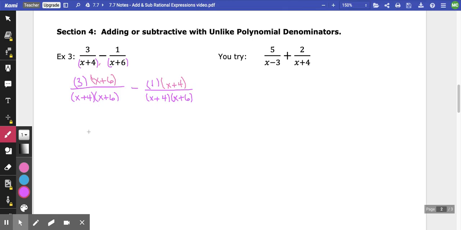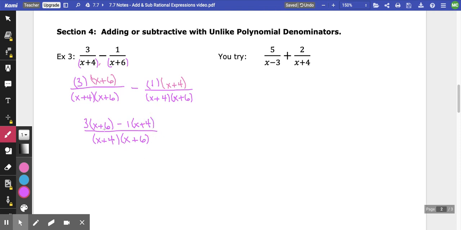All right, now that the denominators are the same, I can do what it tells me to do with the numerators. I'm going to turn this into one big fraction, writing down that common denominator, which just stays the same. Then I'm going to write out the numerators: 3 times (x + 6) minus 1 times (x + 4).